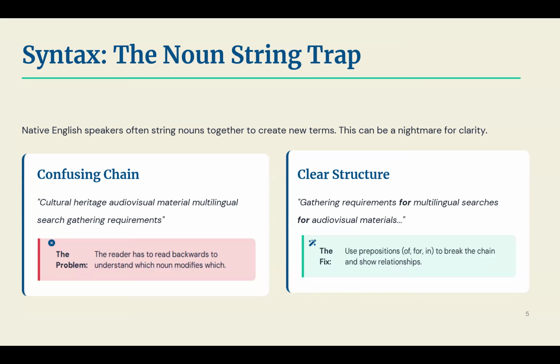So look at the contrasting clear structure on the right-hand side. Gathering requirements for multilingual searches for audiovisual material. Wow. What made this structure clear? Instead of lining up nouns together, you use prepositions to break the chain and show the relationship between the strings of nouns.